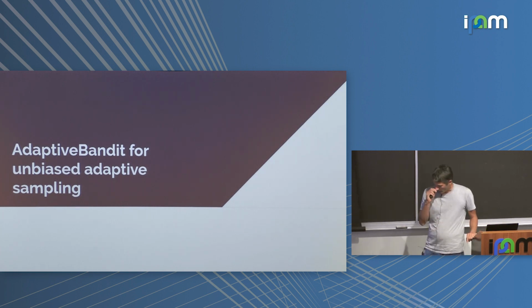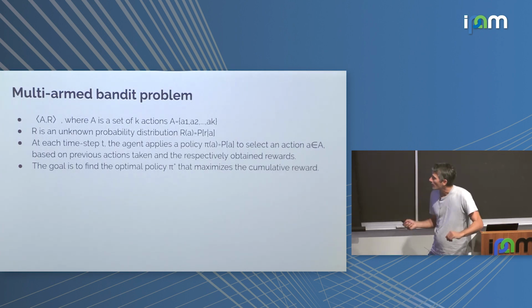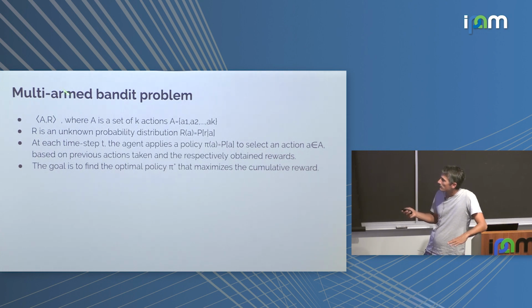Okay, so how does this apply to molecular simulations? A simplification of the Markov decision process is called the multi-arm bandit problem, where practically it's a Markov decision process where the states are the empty state. So you have only the action space and the reward functions, and in this case we can have k actions.